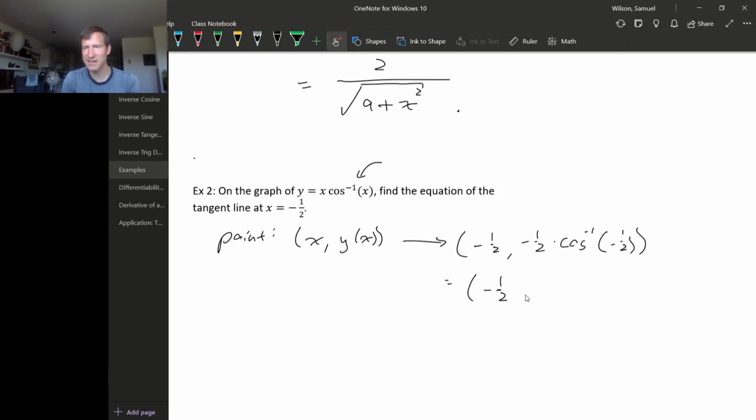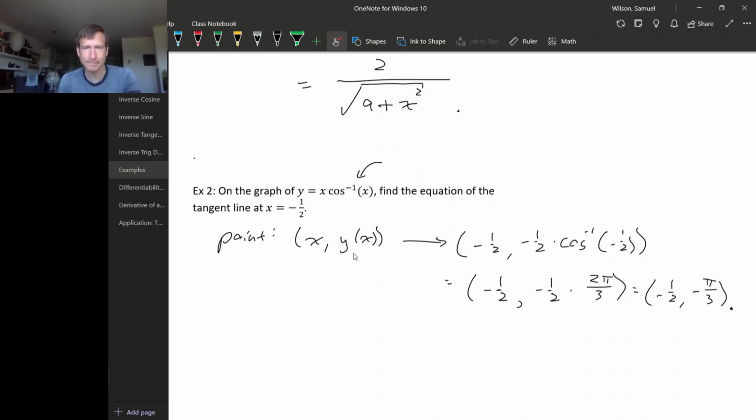Inverse cosine of minus a half is 2 pi over 3. So the 2's cancel, and our point is minus a half comma minus pi over 3.